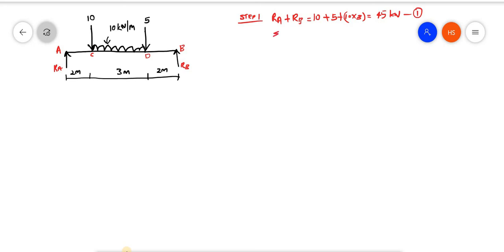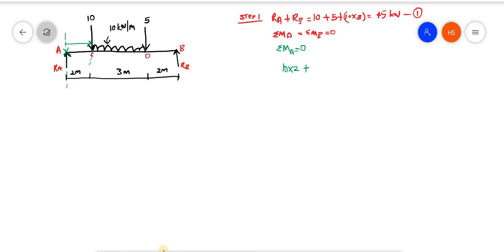Now we know that moment at A and moment at B is equal to 0. So I am considering sigma MA is equal to 0. Now I have to find the moments. First, the moment due to this 10 kilonewton. If I consider a pointer like this, this will push the pointer downward, clockwise. That is 10 into the perpendicular distance 2, 10 into 2.